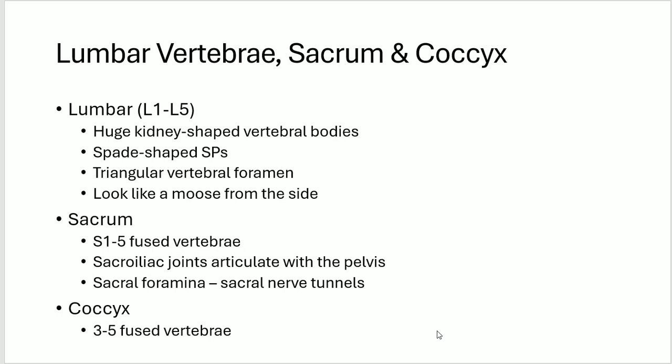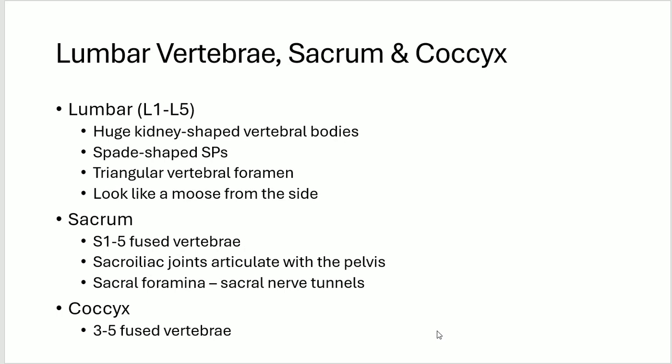Sacral foramen or sacral foramina, plural. Sacral foramen are the sacral nerve tunnels. You'll see a picture soon of those, but they go from the spinal cord, the nerves go through these holes.